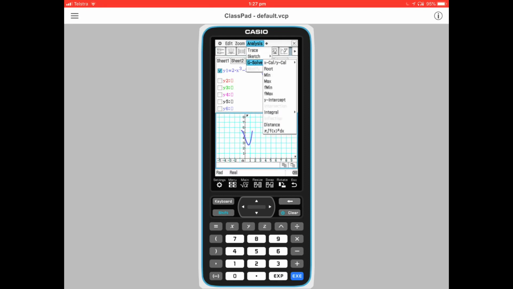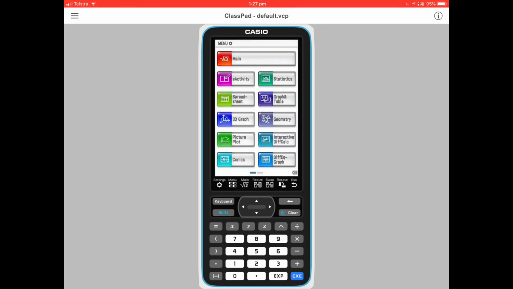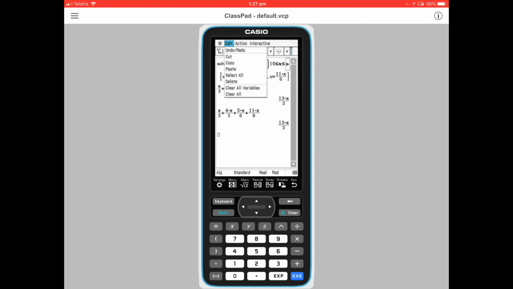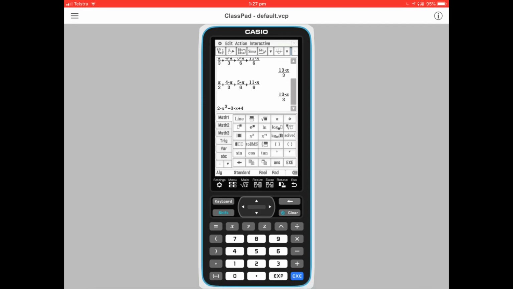Okay, so analysis, G-Solve. Okay, we know the left-hand side and then the minimum. So we can go outside, edit, copy, paste. So we say given x equals negative 1 divided by root 2. So that's our lowest value.